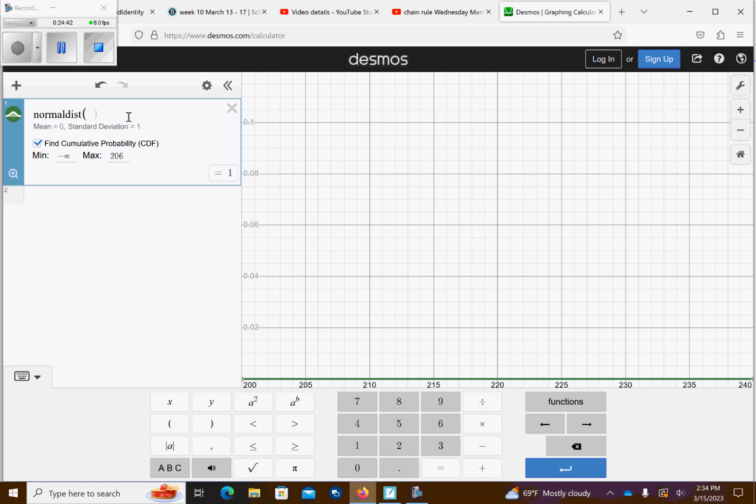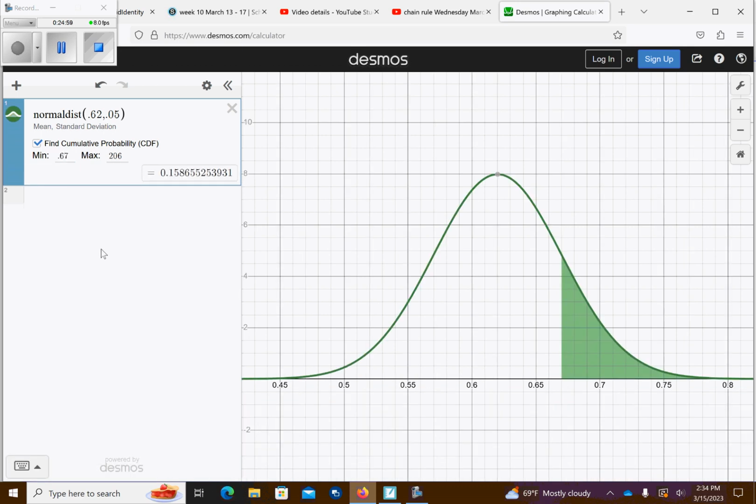Originally we thought 0.62. We have a standard error of 0.05. And then we want to see if people are paying more now, because these guys said, hey, we got a 0.67 situation. Oh, I didn't show the graph. There it goes. So now we have a p-value of 0.158.